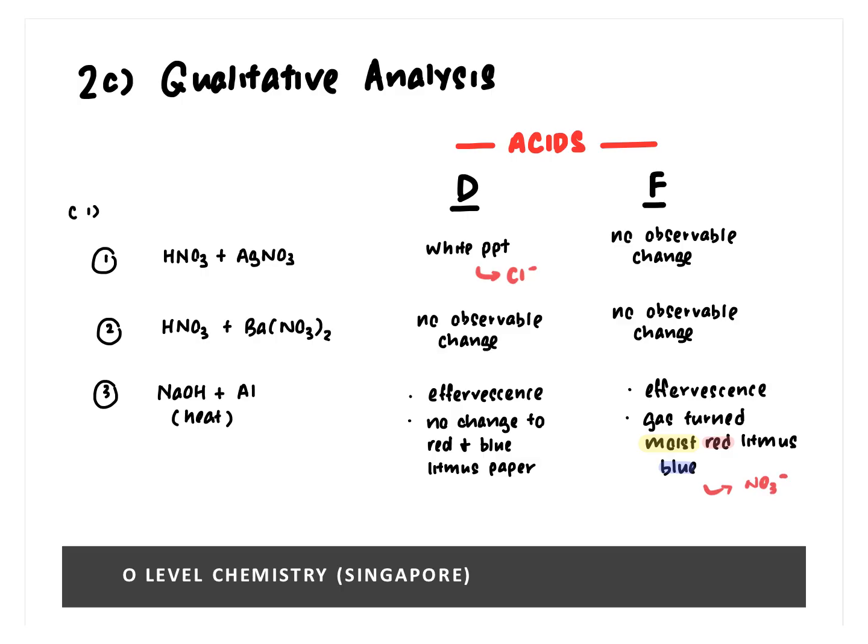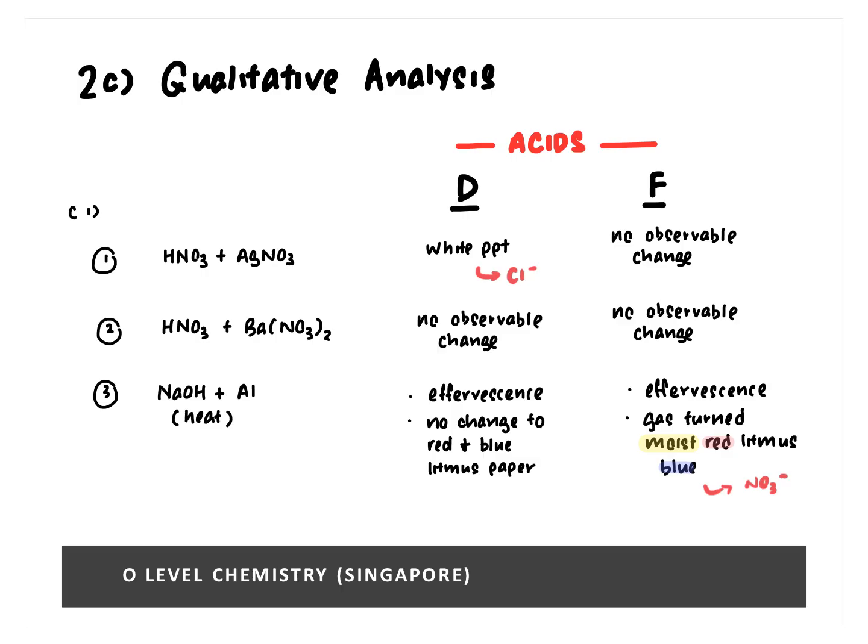Okay, for D, if you have conducted the test, you will find that there's effervescence as well. This is not unexpected because we are using an acid, and even though we have added sodium hydroxide, there's still acid present, and when you add aluminum foil, it's going to react with the acid to give hydrogen gas.